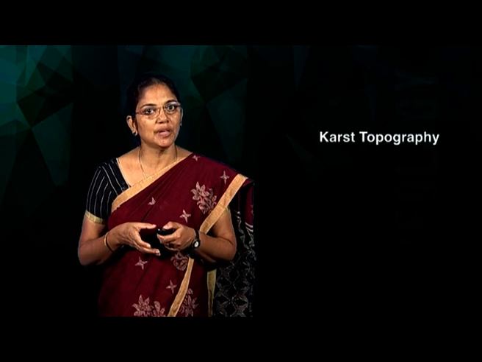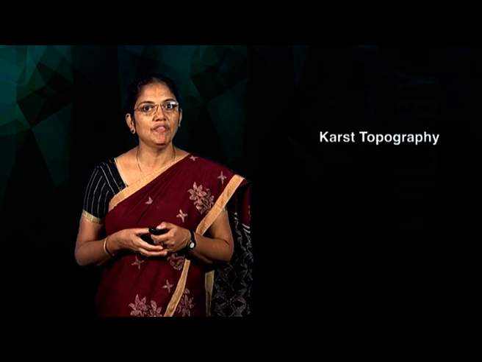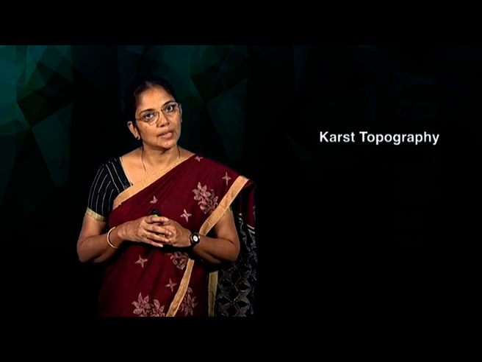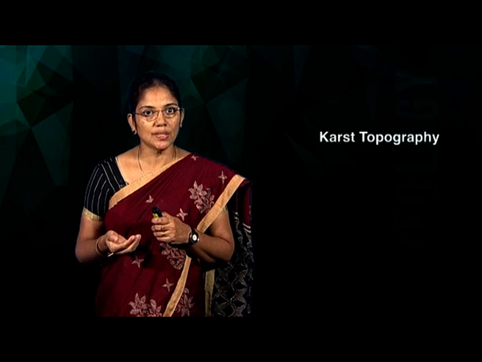So, karst topography is a topography produced by the erosional work of groundwater. It consists of caves, sinkholes, caverns and all those things, and in future there is collapse of the tops of the caves and all, and the resulting topography you can call karst topography.